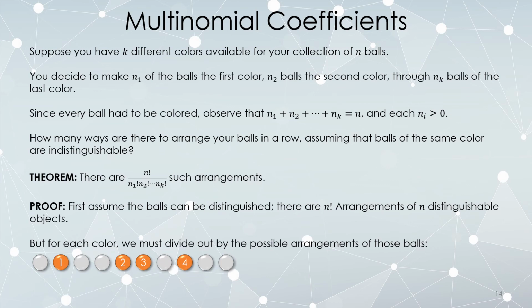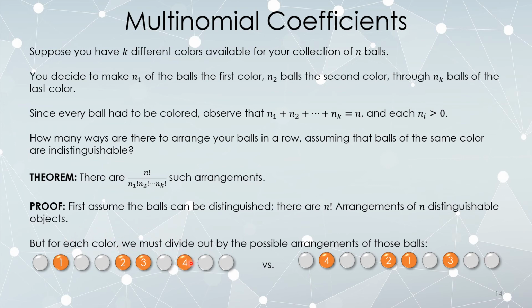So for example, if there are 4 orange balls, the rest aren't necessarily white, they're just not orange. These 2 arrangements are actually the same because the orange balls are in the same place, even though their individual markings have been permuted around. So any way that I can permute around these 4 orange objects is actually the same arrangement. Well, how many ways can I move around these labels?